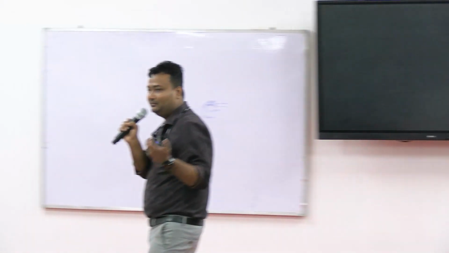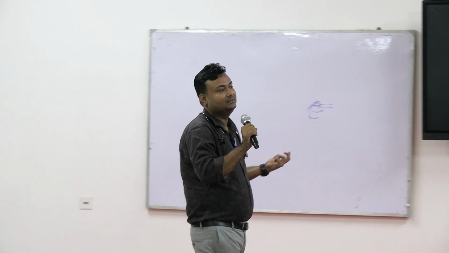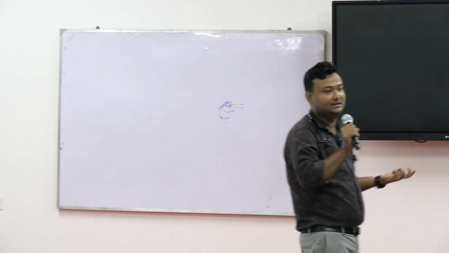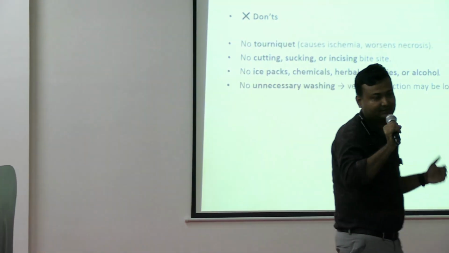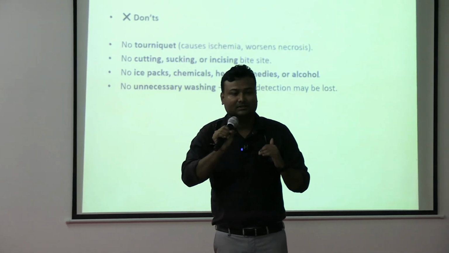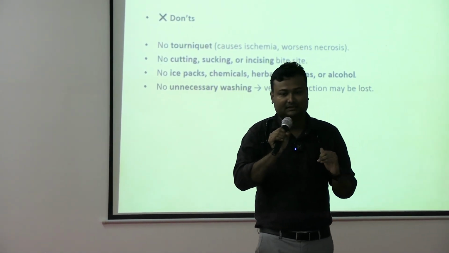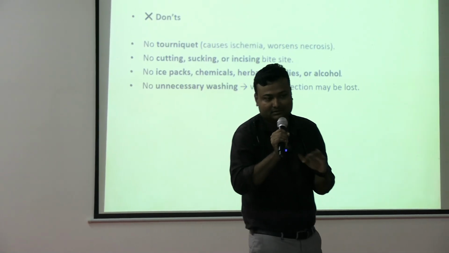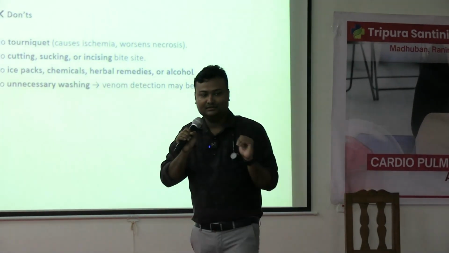There will be increased chances of tissue damage, and even if the patient is alive, you may sometimes need to amputate the limb. The toxin will destroy everything, cause necrosis, cause gangrene. So you should not apply a tourniquet.